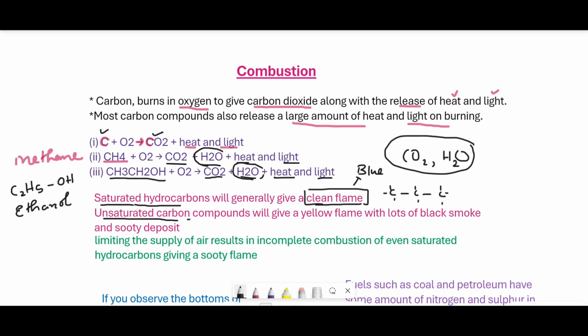While unsaturated hydrocarbons, that is carbon-carbon double bond, alkene, or carbon-carbon triple bond, this is alkyne. So they are the unsaturated carbon compounds. When they undergo combustion reaction, they will give a yellow flame with lots of black smoke and a sooty deposit.